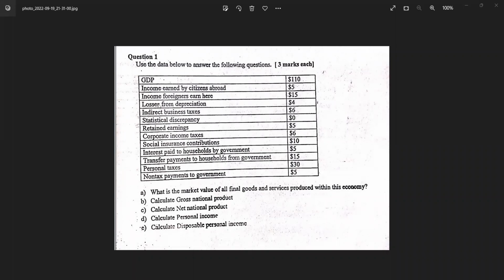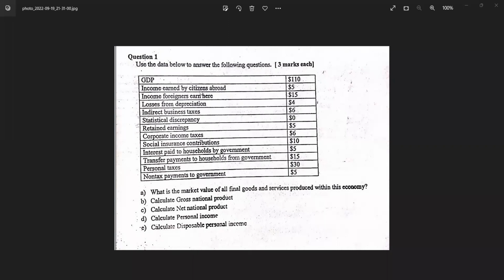What's another name for income earned by nationals abroad? Nationals. Good. So they can say net factor income from abroad, exactly. So net factor income from abroad or income from nationals abroad.